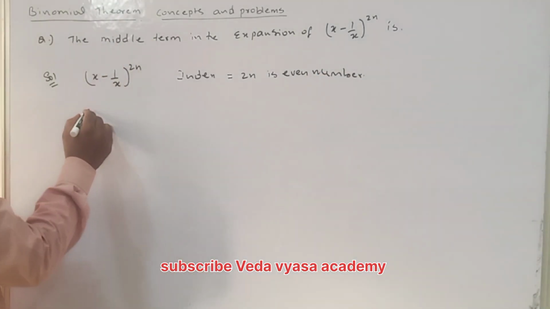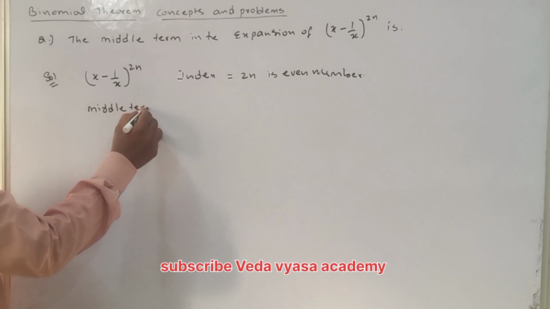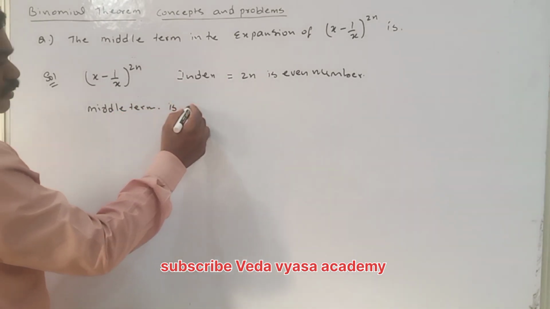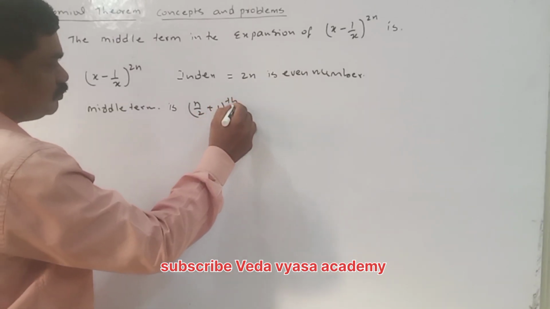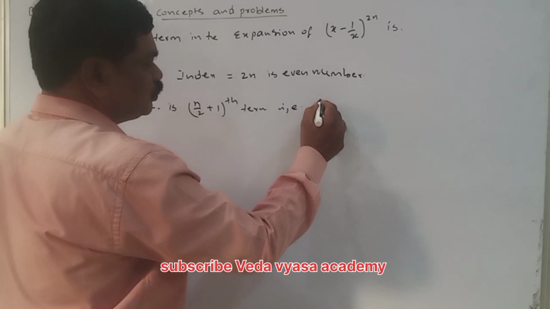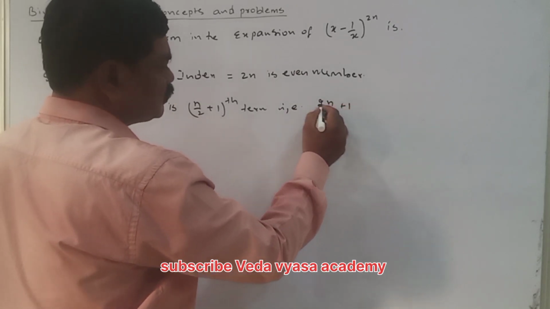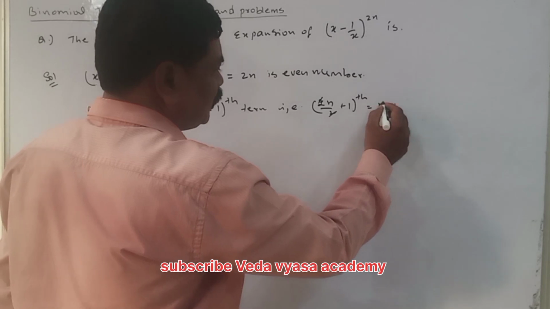Then what is the middle term? The middle term is the (n/2 + 1)th term, that is the (2n/2 + 1)th term. The 2 cancels, so the (n + 1)th term.